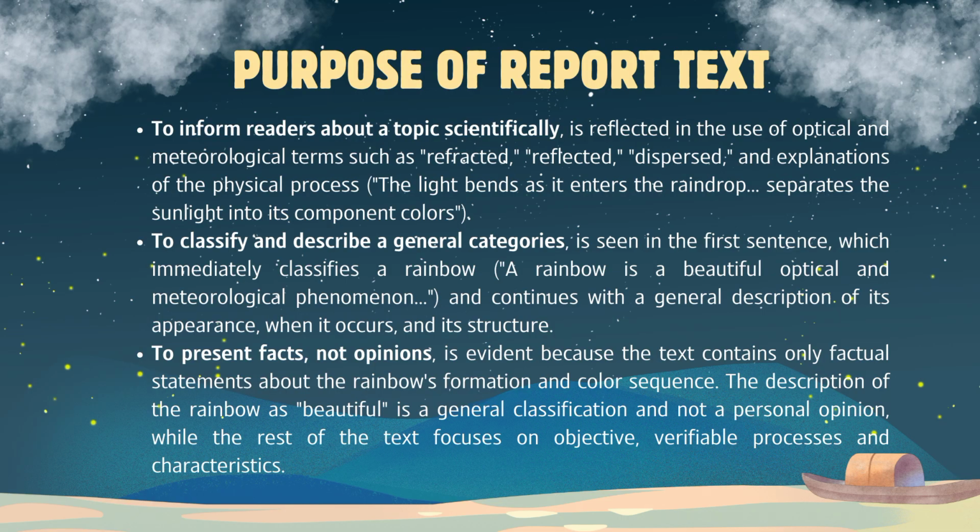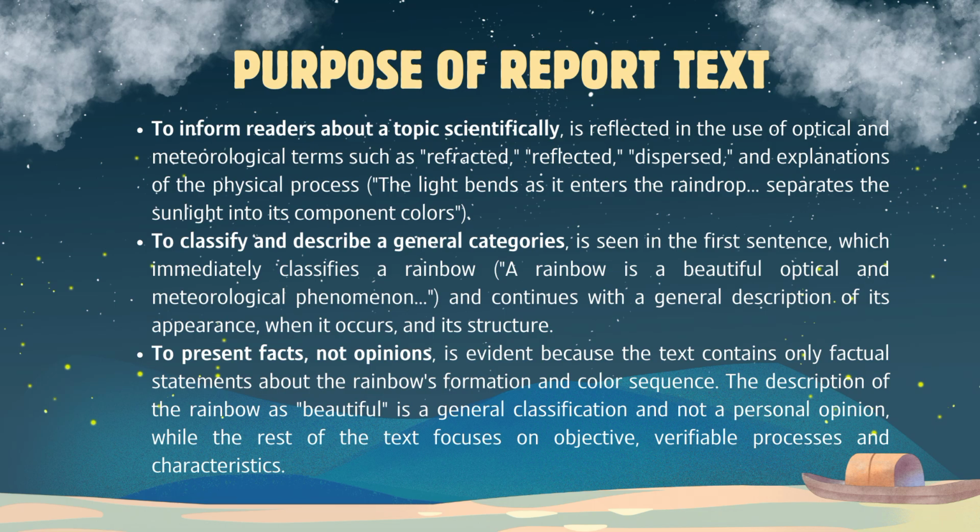Second, to classify and describe general categories is seen in the first sentence, which immediately classifies a rainbow. A rainbow is a beautiful optical and meteorological phenomenon, and continues with a general description of its appearance, when it occurs, and its structure.